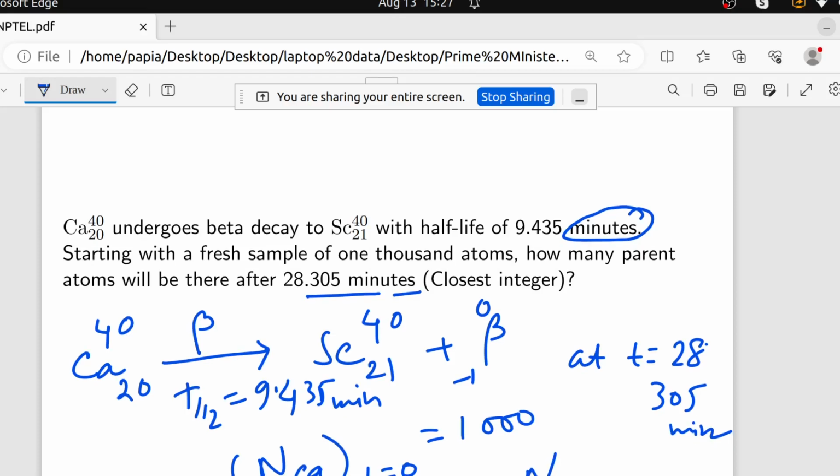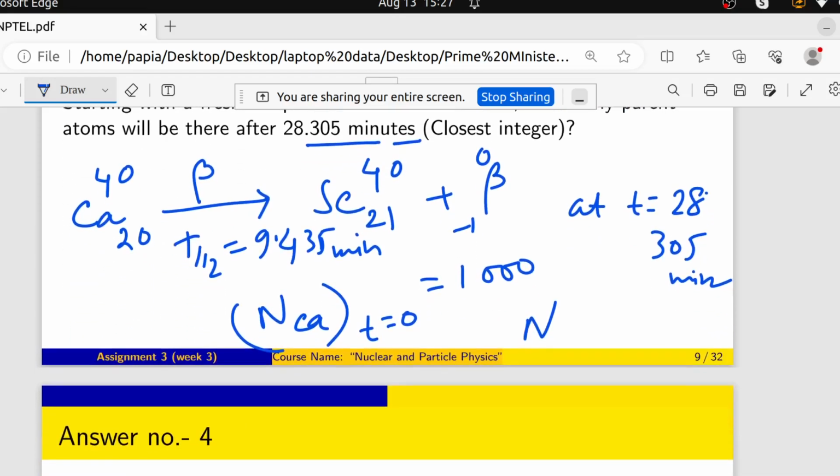That is the question. As you know, for radioactivity the expression is N equals N0 e to the power minus lambda t. So here T half is given, and if T half is given, immediately we can have the lambda value. Lambda is 0.693 divided by T half.